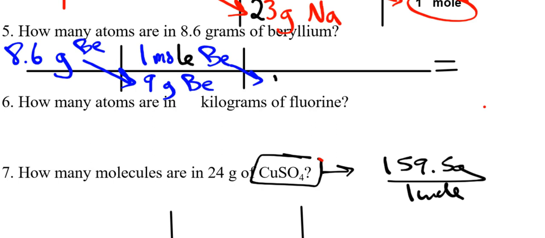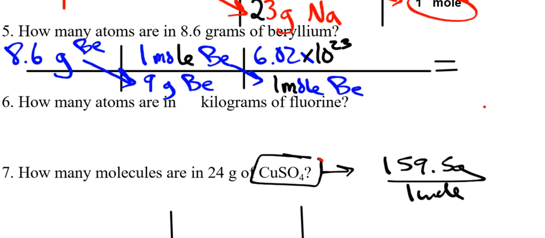All right, for every 1 mole of Be, I have 6.02 times 10 to the 23rd. Type that in. If you set that up right, I'm sure you have it right. It's almost the same as 6.02. It's probably like 5.8 times 10 to the 23rd or something like that. All right, hopefully that went well.